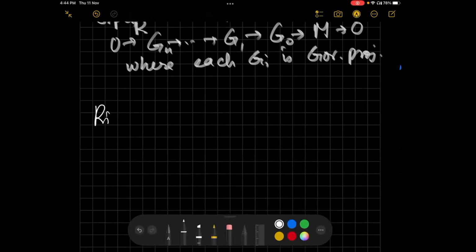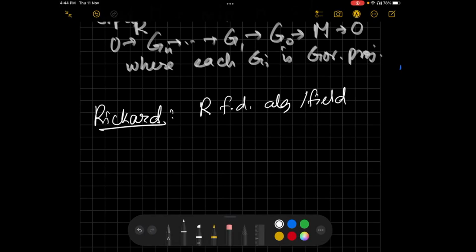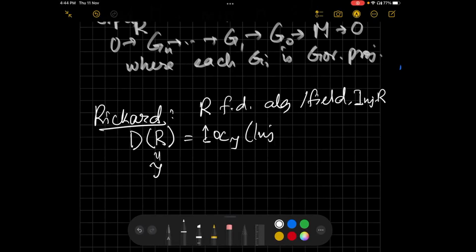The result by Rickard that Tsutomu mentioned is that if R is a finite dimensional algebra over a field, and you look at the class of injective R modules as complexes concentrated in degree 0, and you look at the derived category, what this notation means is that T is my big derived category, and Loc T inj R means the smallest localizing subcategory of D(R) containing the injectives.